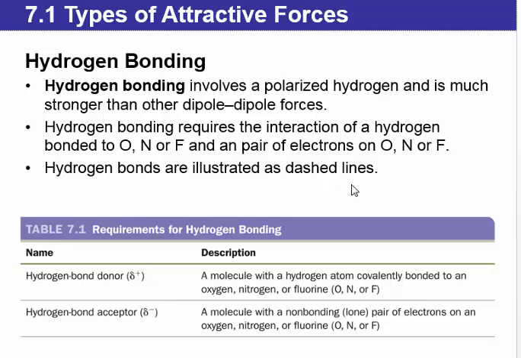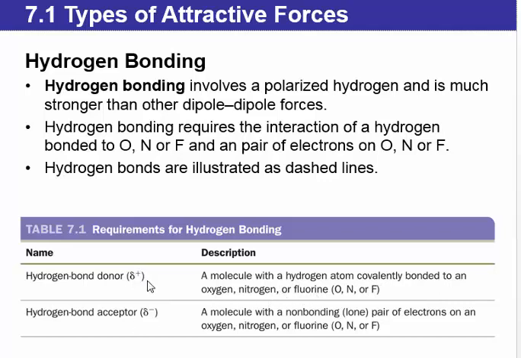for covalent bonds. Table 7.1 of your textbook summarizes the requirements for hydrogen bonding. The hydrogen, which has a partial positive charge, must be covalently bonded to an oxygen, nitrogen, or fluorine.